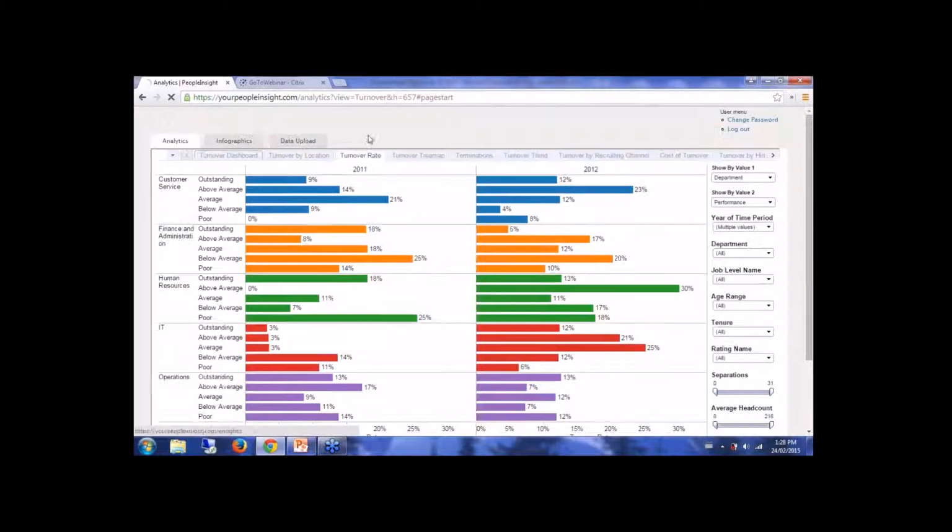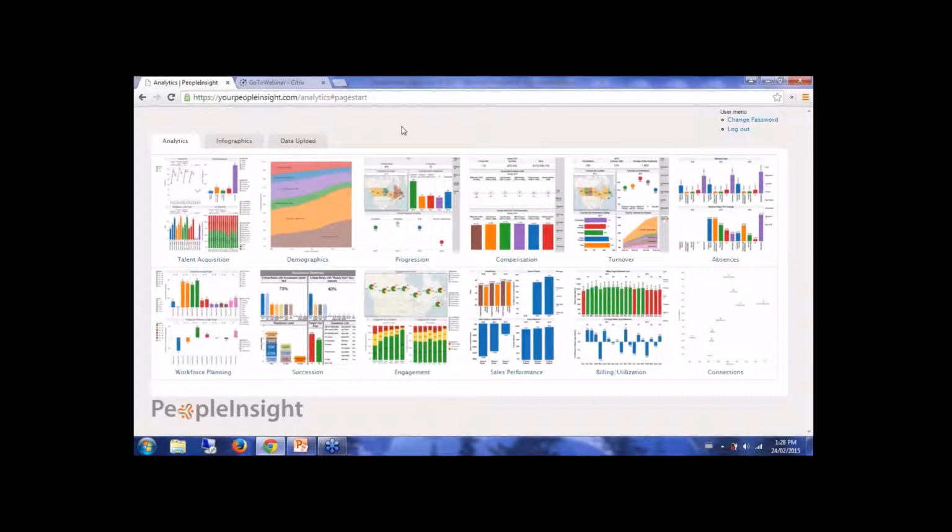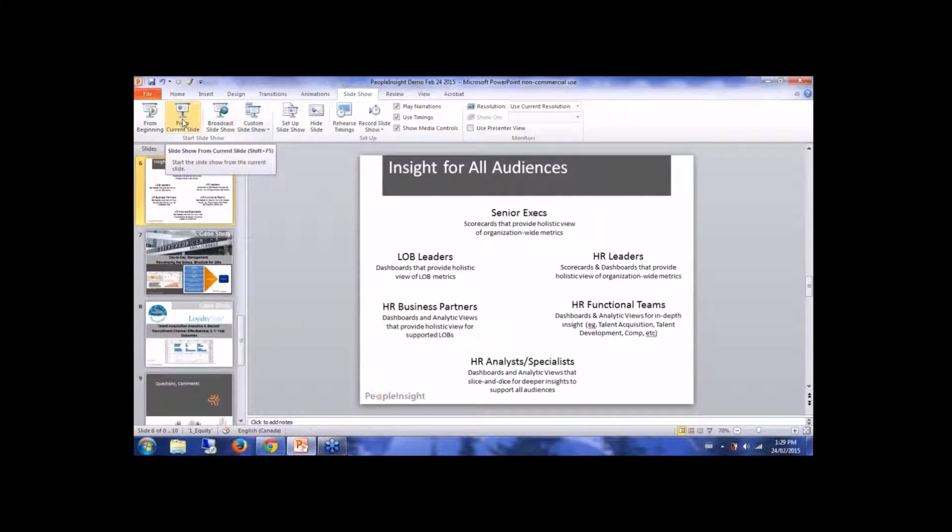Hopefully, in our short period of time, you've been able to get a good overview of PeopleInsight and what we offer, and with that demo understand not only the different ways that we can visualize and provide insight to the various audiences in an audience-specific format that's relevant for them, but also the ability for those within your organization to, with a click of a button, get instant segmentation and analytics on their business to help drive decisions within your organization, both today and, for our clients, ongoing. They're rapidly adding more data and growing the insight capability daily.